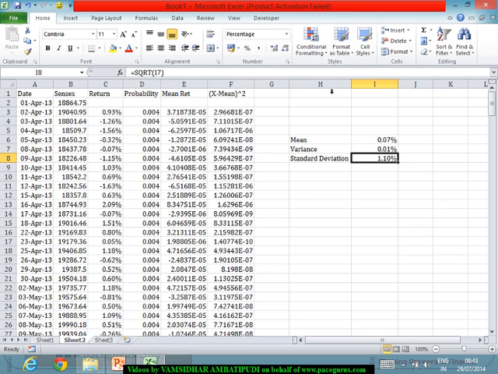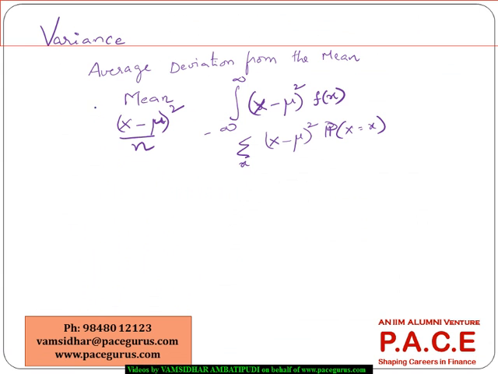However, people started questioning the variance because variance is talking about the deviation from the mean both on the downside as well as on the upside. What is generally interpreted is that people are more worried about the downside loss, but they are not that much worried about the upside profit.